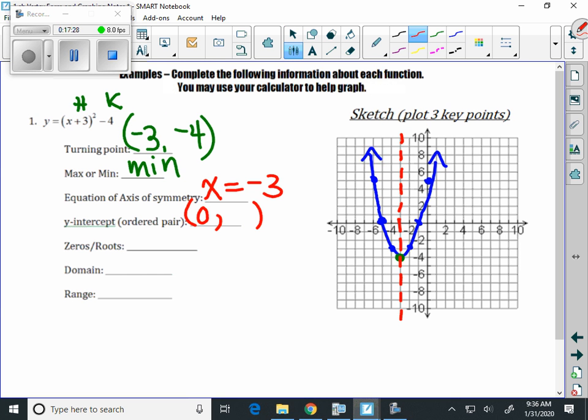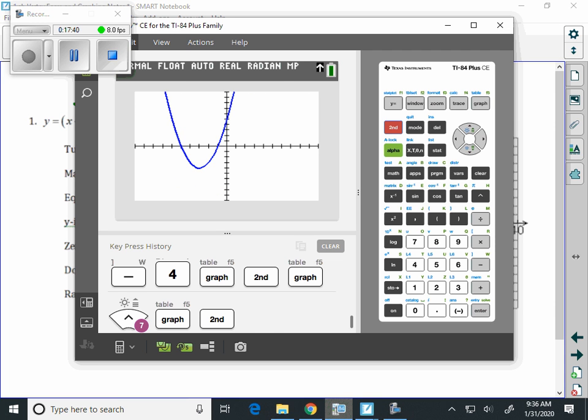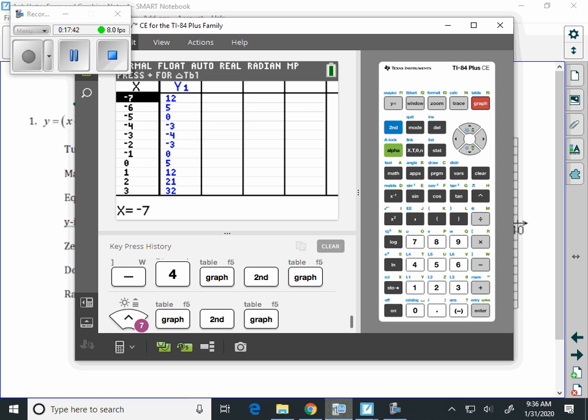It actually is right here, so it's going to be 0, 5. By the way, sometimes you can see that on your screen, and sometimes you can't. If you can't, you can go back once again to the table and look, 0, 5. That is the y-intercept, where the graph crosses the y-axis.